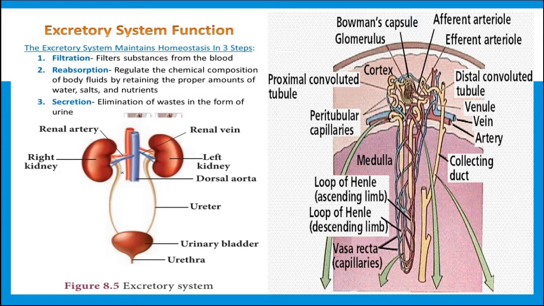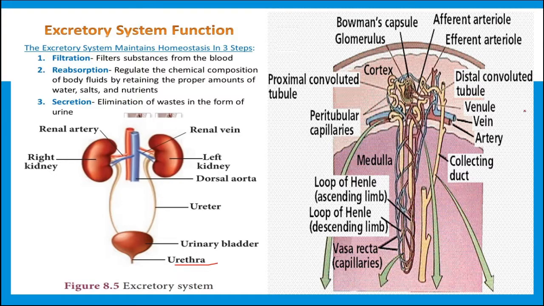These are the two ureters coming out from the kidney, and they enter a sac-like structure known as the urinary bladder, which expels the urine outside through the urethra. The system maintains homeostasis by three steps: first filtration, then reabsorption, and then secretion.